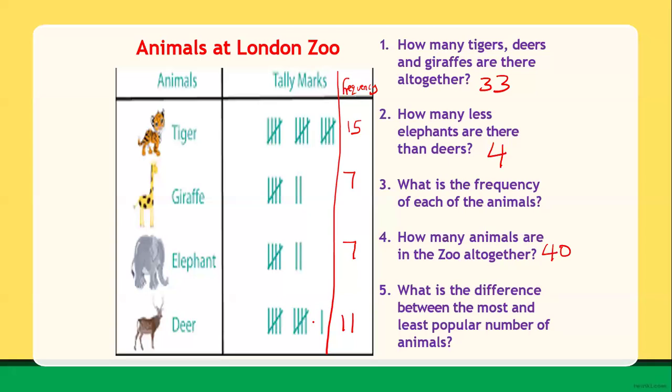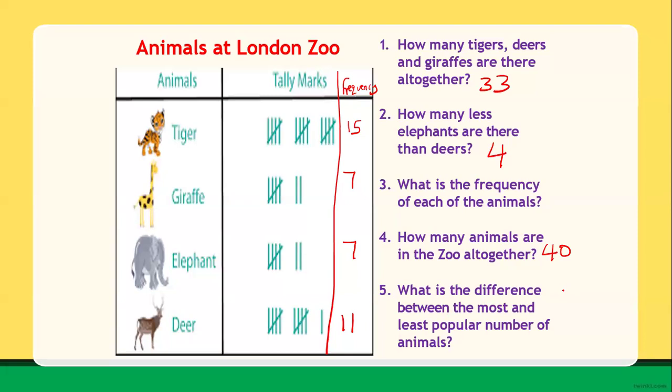That is 15 minus 11. The difference is 4.